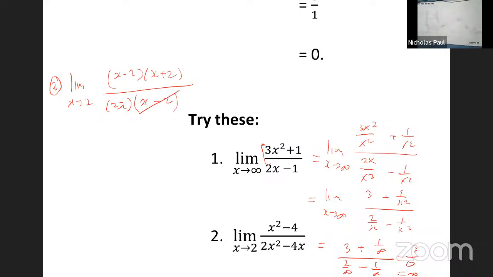This will cancel here. You'll get the limit as x approaches 2 of x plus 2 over 2x. Then plug in 2, so you'll get 2 over 2 by 2, which is 1. Not 0, right? 1. All right, so that's 1.